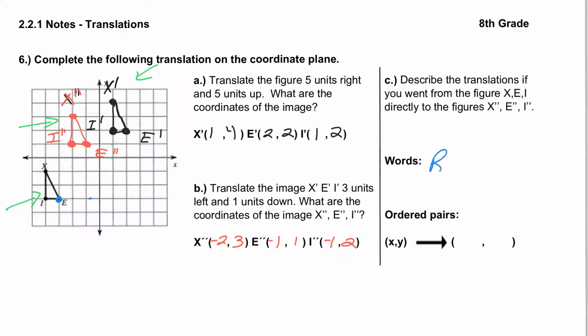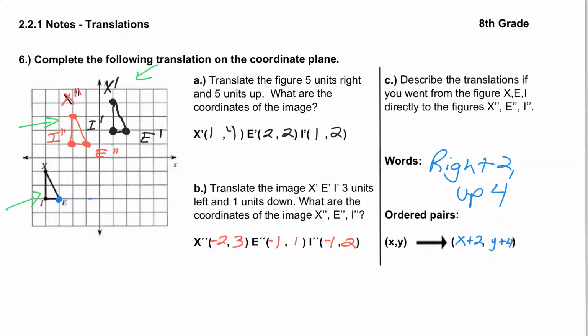So right 2, and then up 4. We also want to write that in ordered pair form. Right 2 means we are taking our x and adding 2. Up 4 means we are taking our y and adding 4. So y plus 4 there.